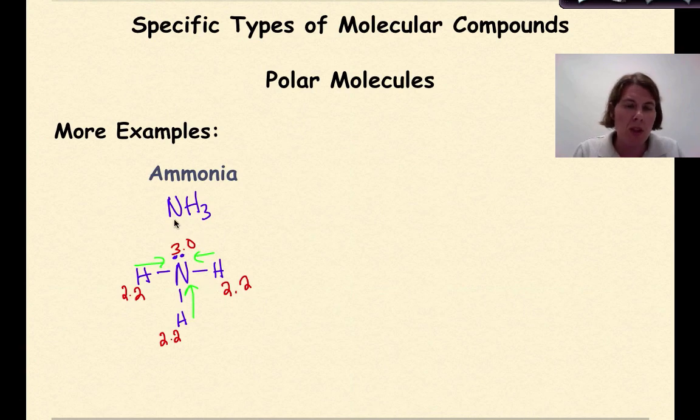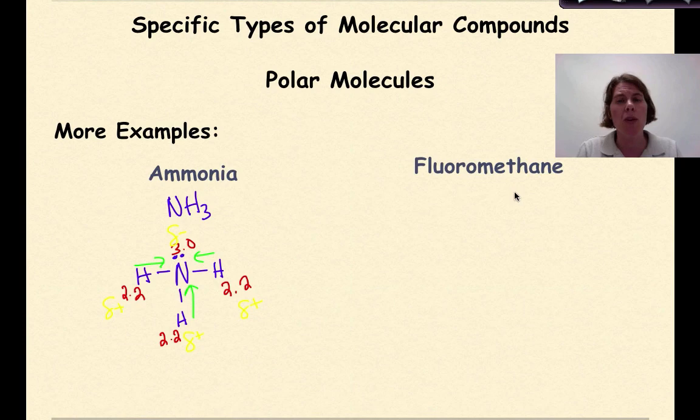So I'd say that the nitrogen end is slightly negative, and the hydrogen ends are slightly positive. And again, this is going to be very important when we start to talk about dipole-dipole forces, and more importantly, with ammonia, hydrogen bonding.